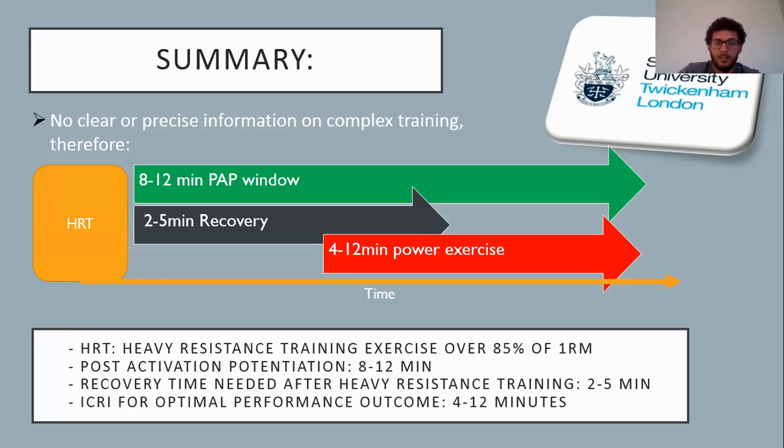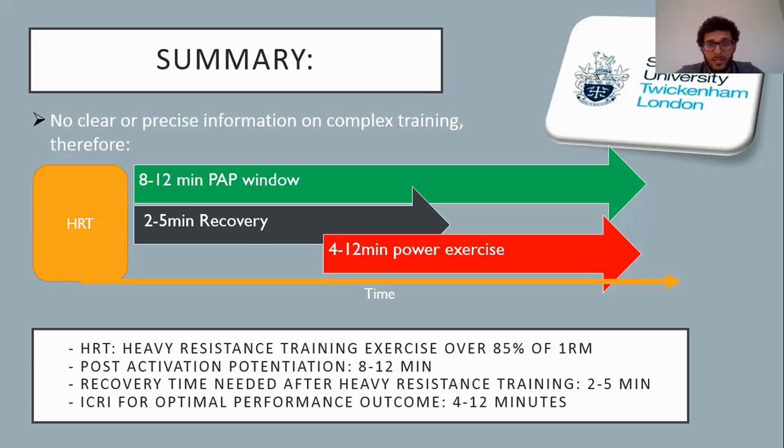It is best to perform power exercise in a fatigue-free state. There is no clear optimal time window for post-activation potentiation, but studies suggest that the window should last up to 8 and even up to 12 minutes.